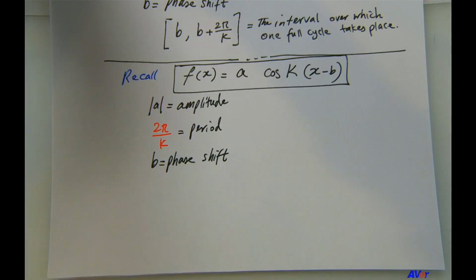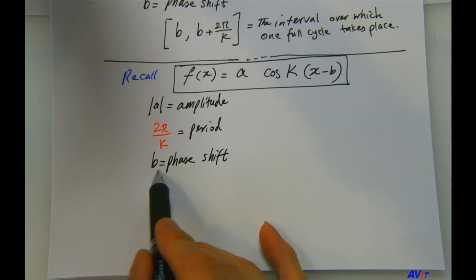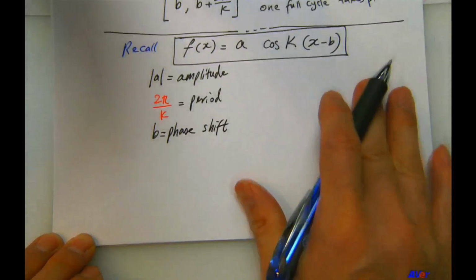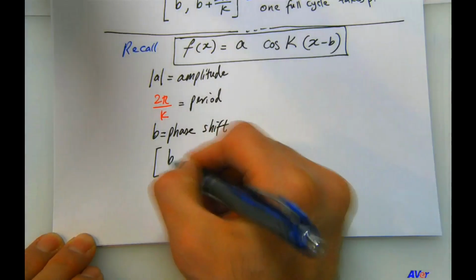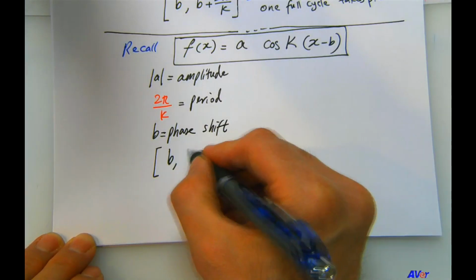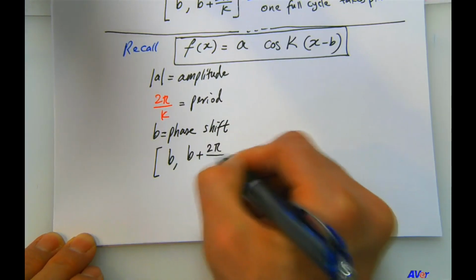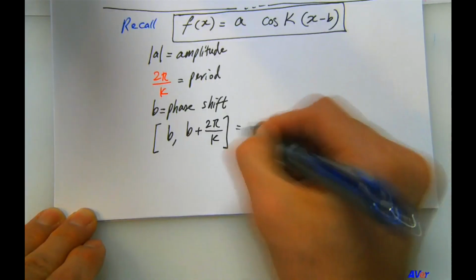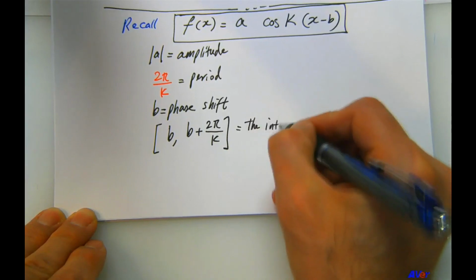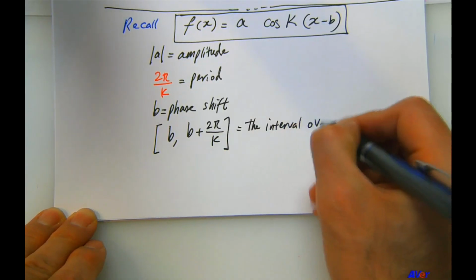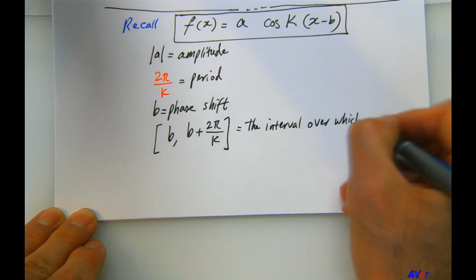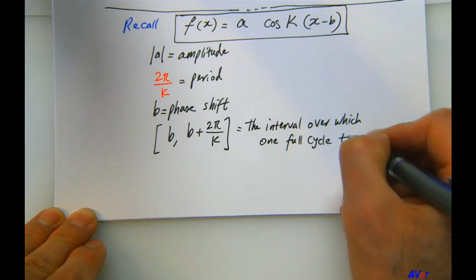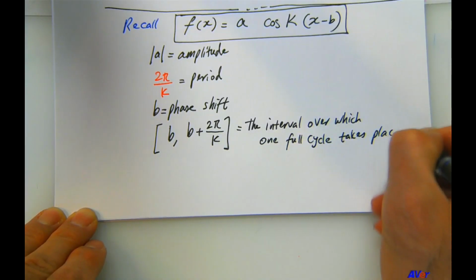But when there is a phase shift, it's going to start at b, and it's going to trace over an interval of this size: b, comma, b plus 2 pi over k, right? That's the interval over which one full cycle takes place.